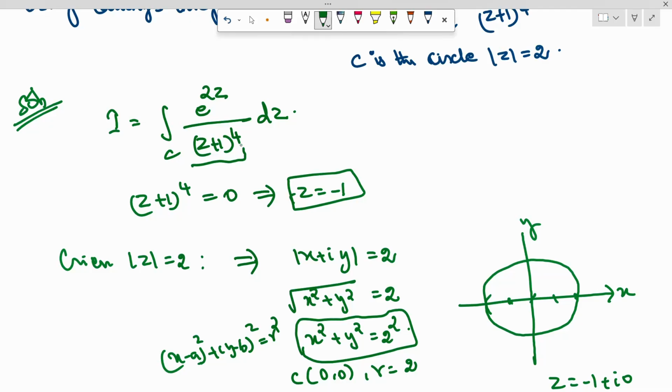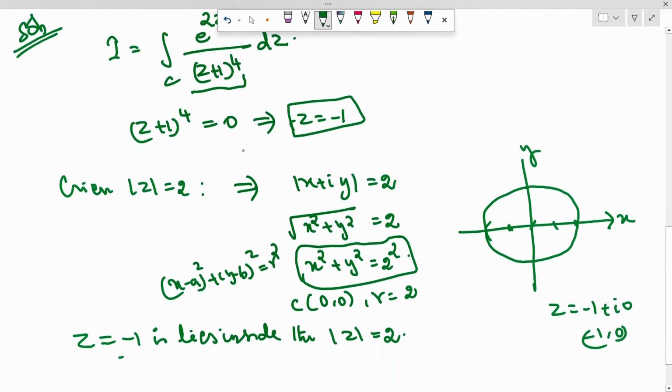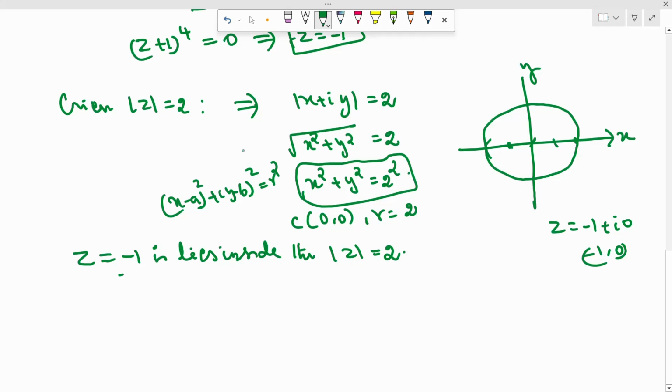Here power value is 4. If the power value is 1 we can use the Cauchy integral formula. If the power value is more than 1 we have to use the Cauchy derivative formula. Here power value is 4. In this problem we are going to use the Cauchy derivative integral formula.